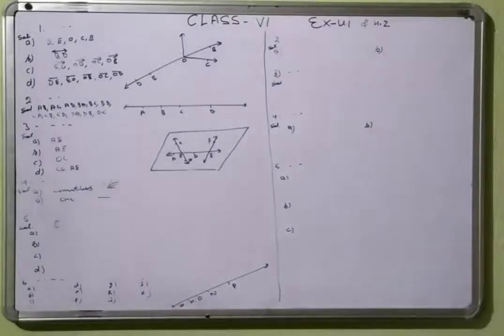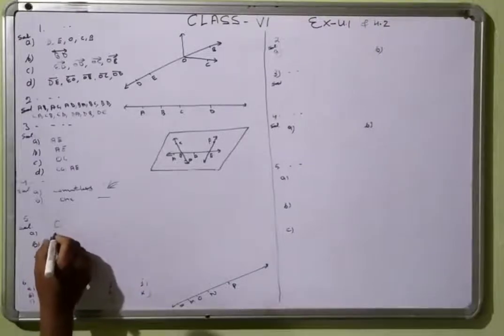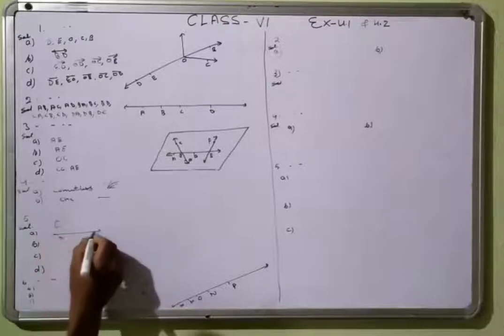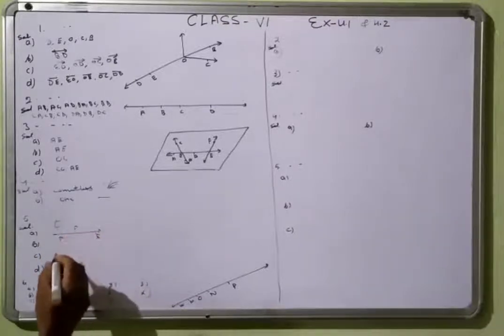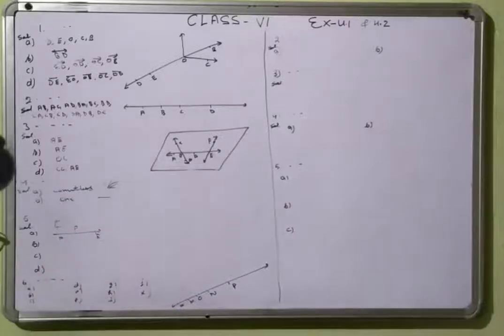Question 5. Draw a rough figure and label suitably in each of the following cases. Part A, point P lies on AB. So first of all, draw AB, A, B, and on it point P, on line AB.